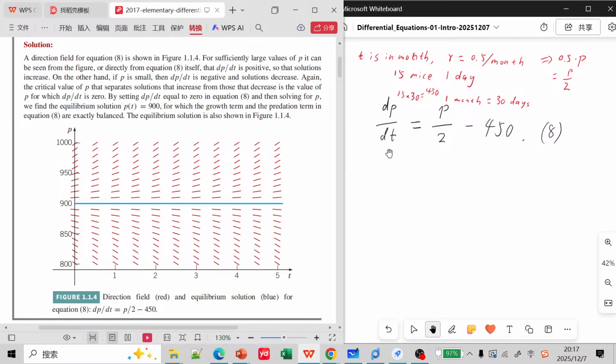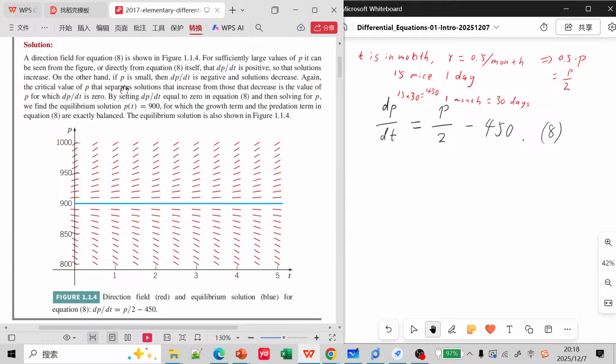Let's see this equation: if P is very, very large, the whole result is a positive value. So the solutions increase. P of T is increasing as T increases. You can see this.